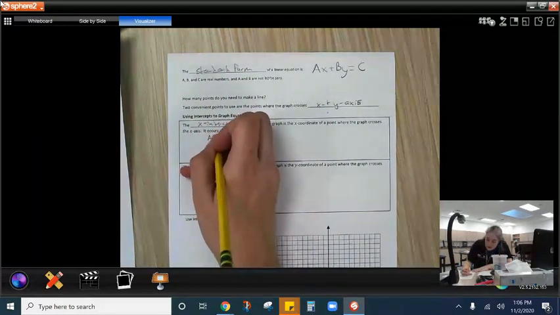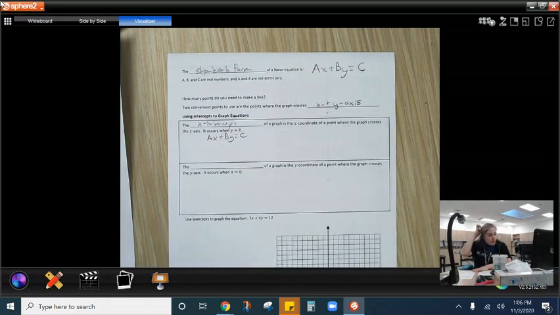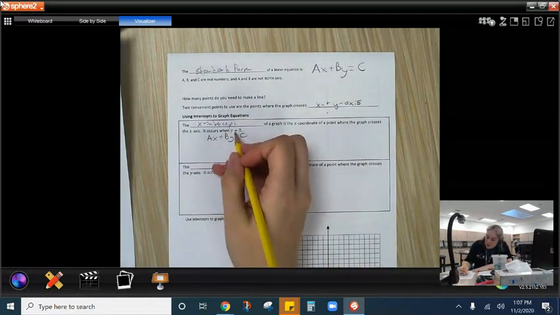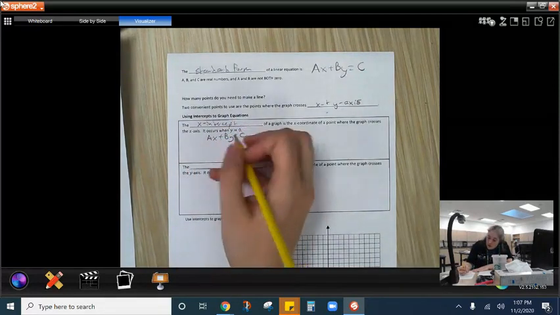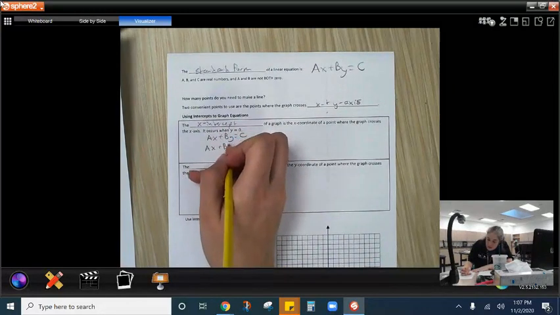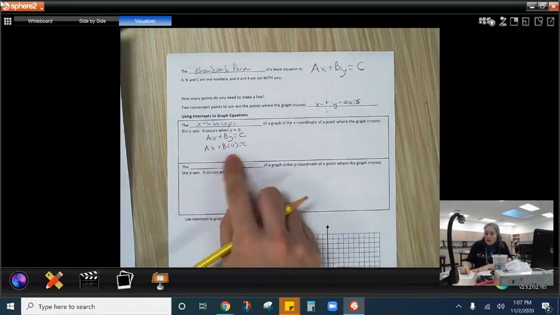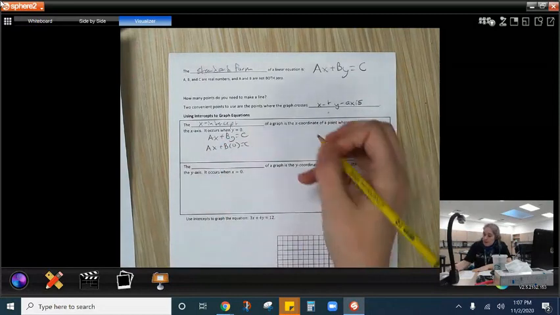So when we have ax plus by equals c, we want to plug in 0 for y and then see what x equals. So we plug in 0 for y. So it'd be ax plus b times 0 equals c. And then we solve it from there. So this whole thing basically disappears, right? So that's really what you're solving.